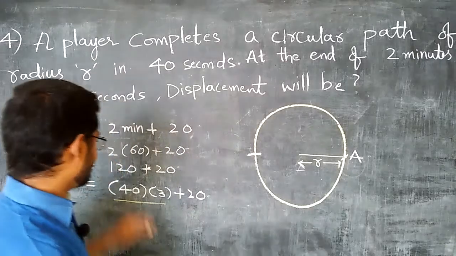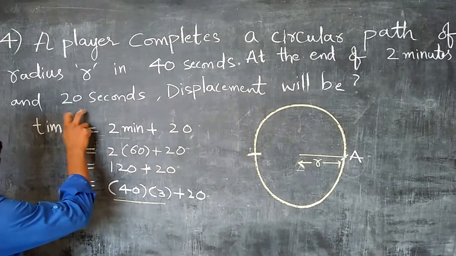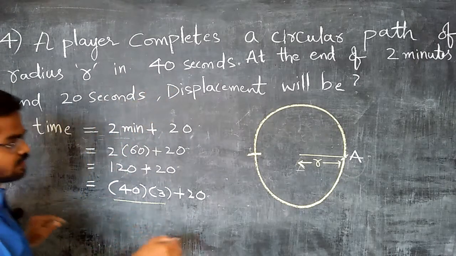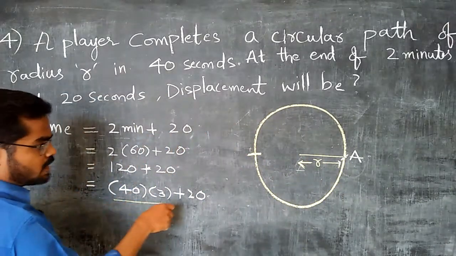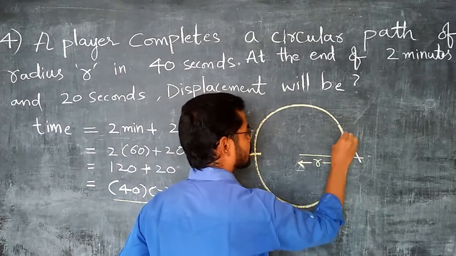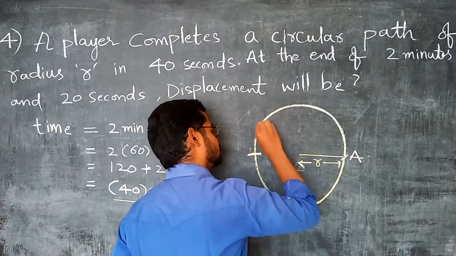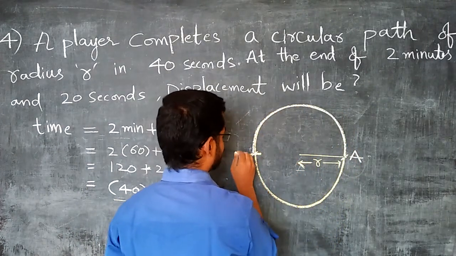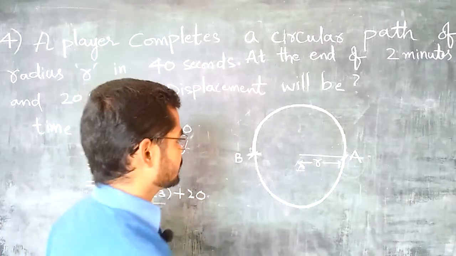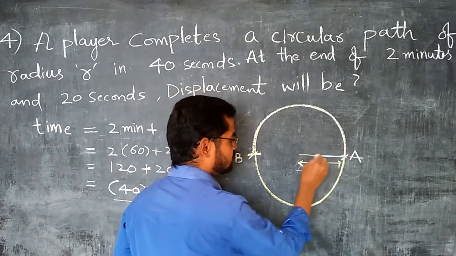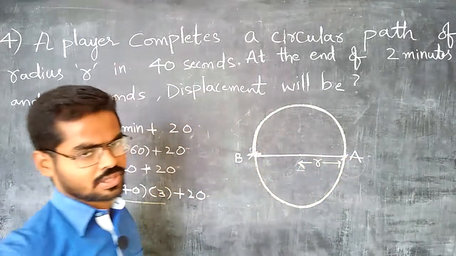That means in a total of 2 minutes and 20 seconds, he will cover 3 full rounds, that means 3 into 40, plus a half round of this circular path. That is the question. We will reach this point B. What is the displacement now? Just join the initial point and final point.